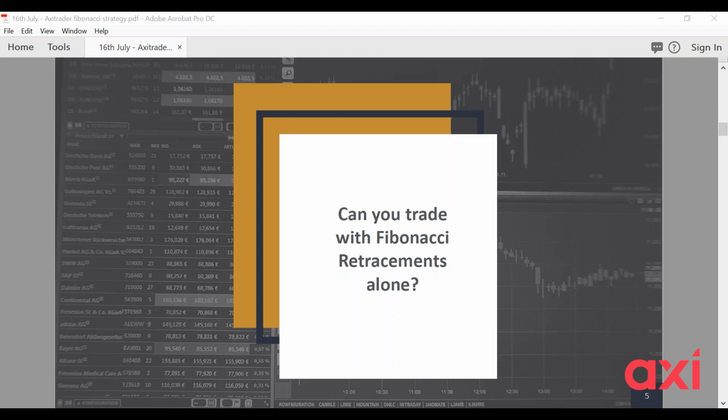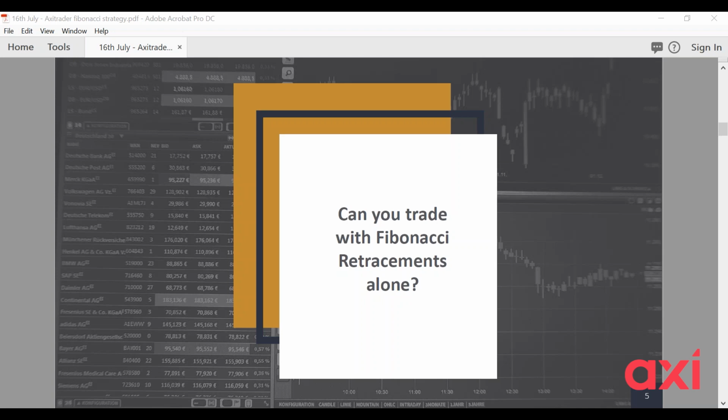I'll be showing you the slide later. But the concept behind Fibonacci confluence is that when multiple levels line up together, that increases your probability of a trade working. I'll show you later how we look at the markets, how to filter the good from the bad, and how to trade it.